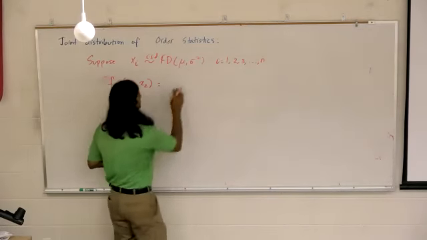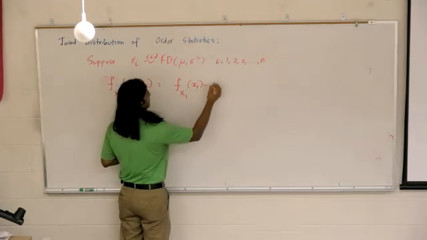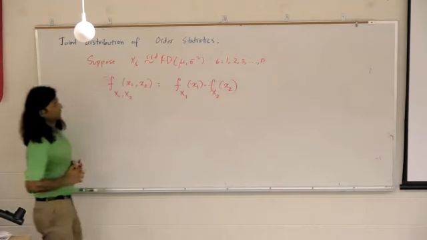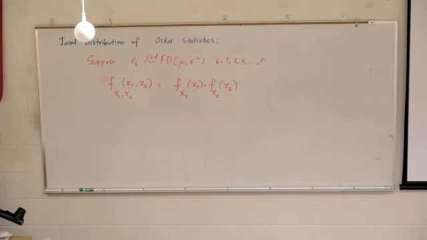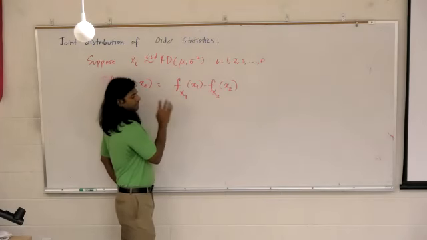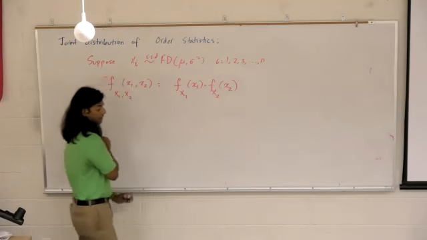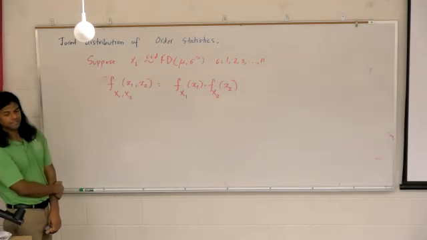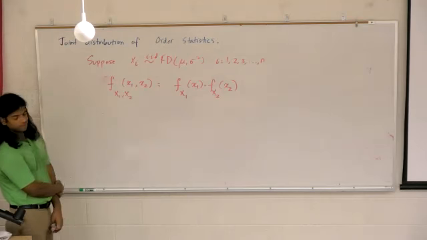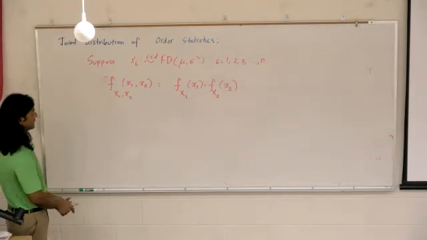But if we hypothetically look at that small interval, we can extend the idea of a multiplication of two densities. So the joint density of two random variables is simply the product of their individual densities.